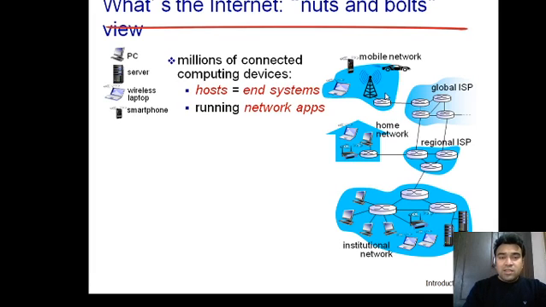So let's see. The first thing is millions of connected computing devices. As in the earlier slide I was saying, the internet is broadly classified into two parts, the network edge and network core. So what is at the edge of the computer network? At the edge we have millions of connected devices.